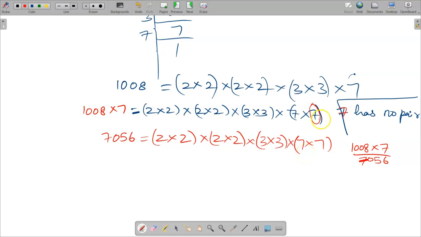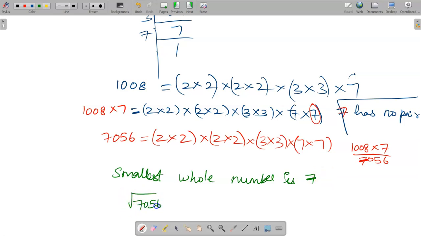So by multiplying by which number am I making 1008 a perfect square number? By 7. So the answer, the smallest whole number, is 7.